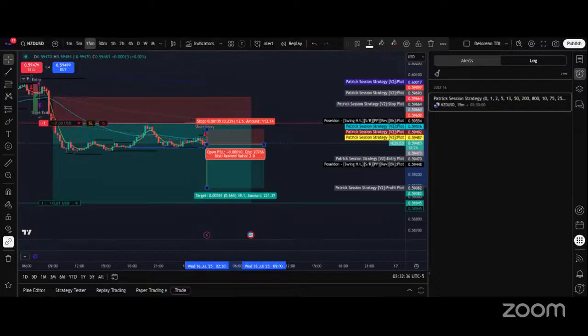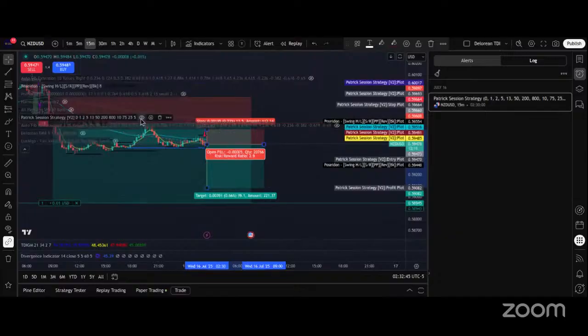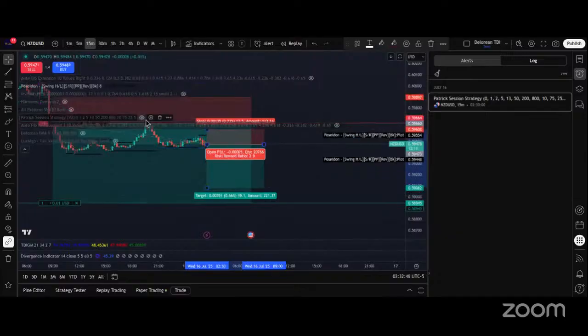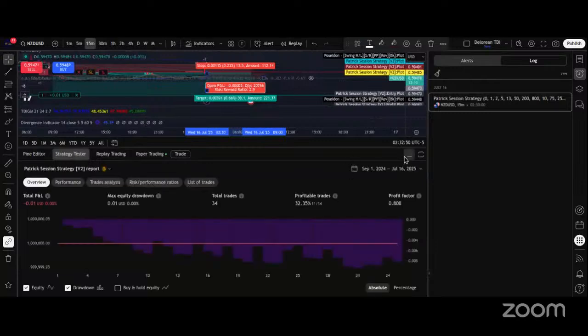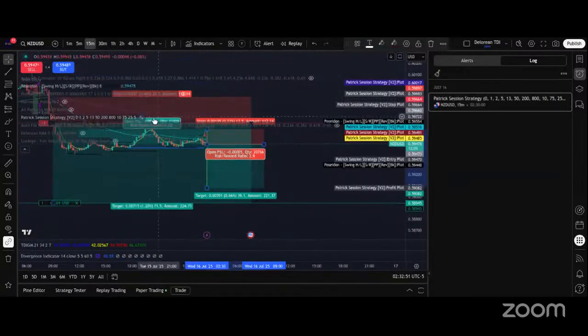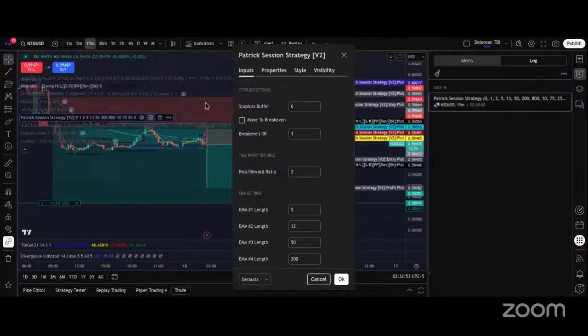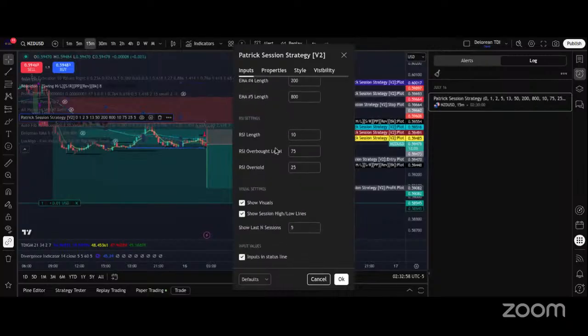My RSI length is 10. I'm going to look at my parameters. RSI length is 10, RSI overbought is 75, RSI oversold is 25.